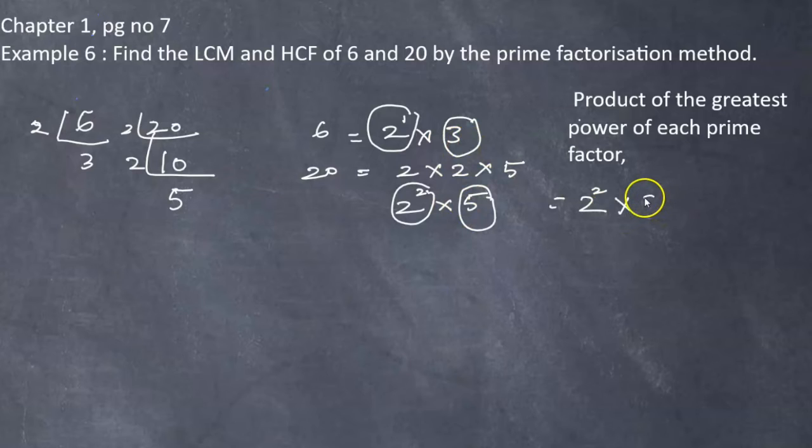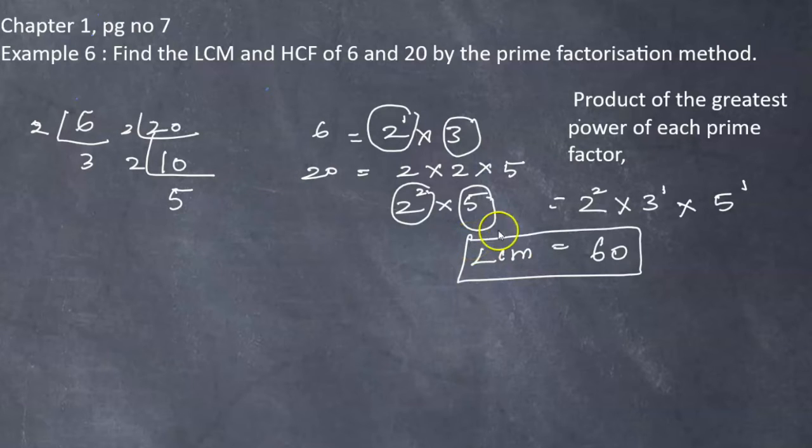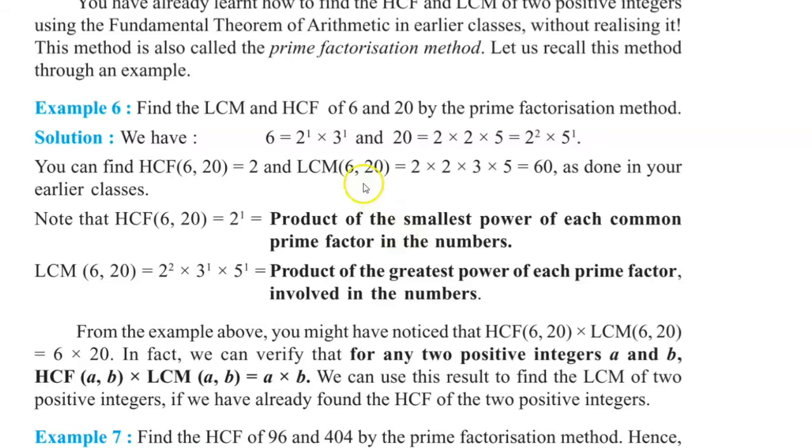We have only 1, so 3 power 1 into 5, 5 power 1. So 2 power 2 is 4. 4 into 3 is 12. 12 into 5 is 60. So the LCM we got for 6 and 20 is 60. See that? So the LCM we have got is 60.